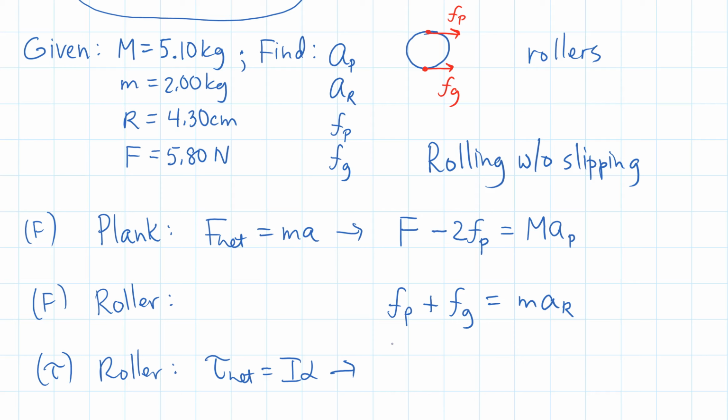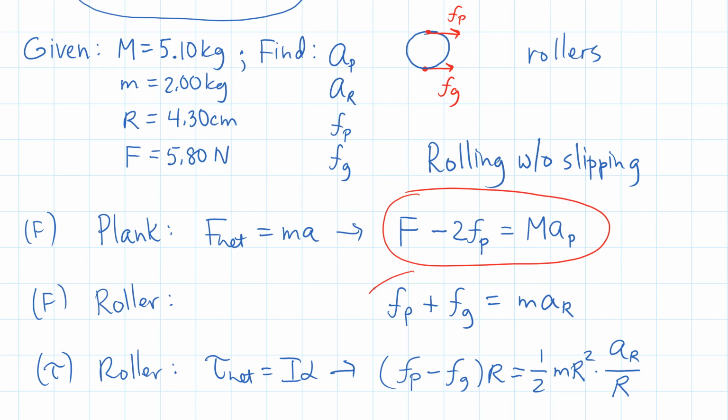We have (Fp minus Fg) times r is equal to I, which is 1/2 m r squared, times alpha, which is a roller over r.